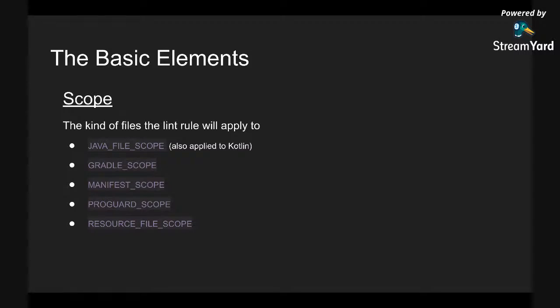The way this works is lint directly doesn't apply on Java files. It rather works on a super type of both Kotlin and Java, which is UAST, Universal Abstract Syntax Tree. So the abstract syntax remains similar for Java and Kotlin, and that's the reason the checks that you write for Java files also apply on Kotlin files.